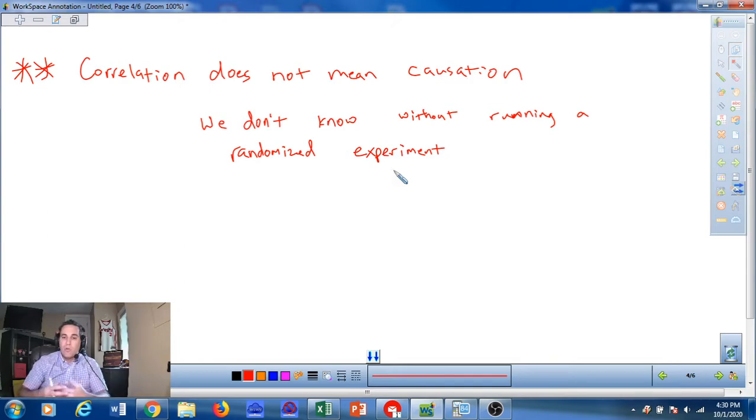We control a variable, we change it, like some of these people get a placebo, some of these people get a vaccine. And then we compare the results afterwards, right? We have controlled one of the variables, and then we try to see if there's something that happens. That's how we establish causation. We run an experiment to establish causation.